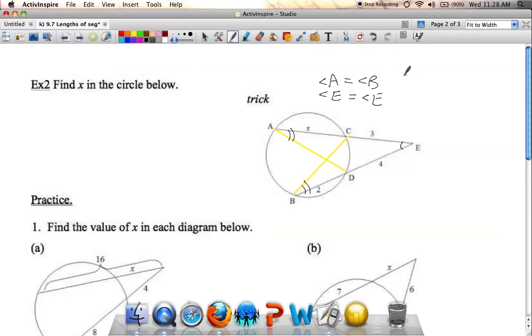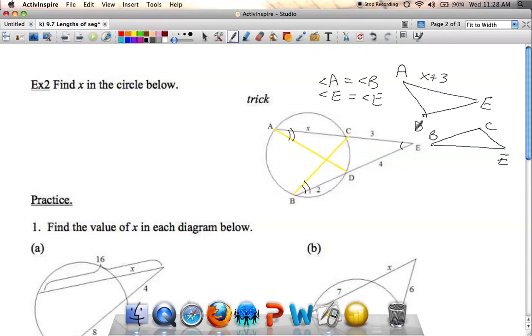So if I draw it out correctly, we line up A, E, and D. And then we have to line up B, E, and C. And the distance of AE is x plus 3.